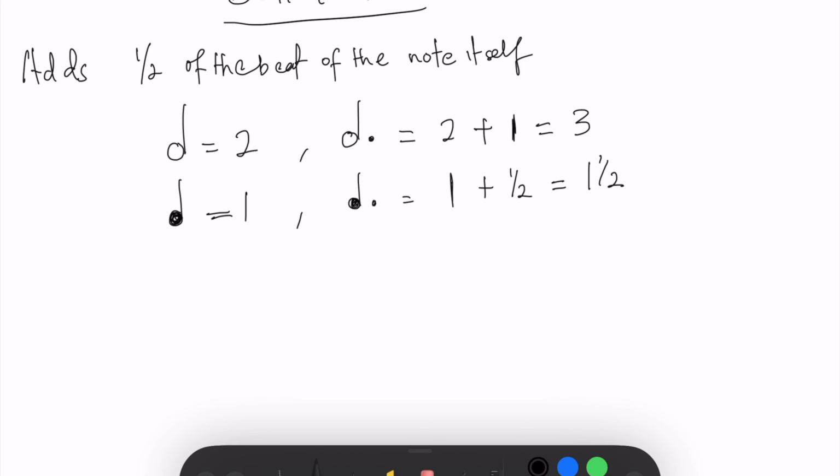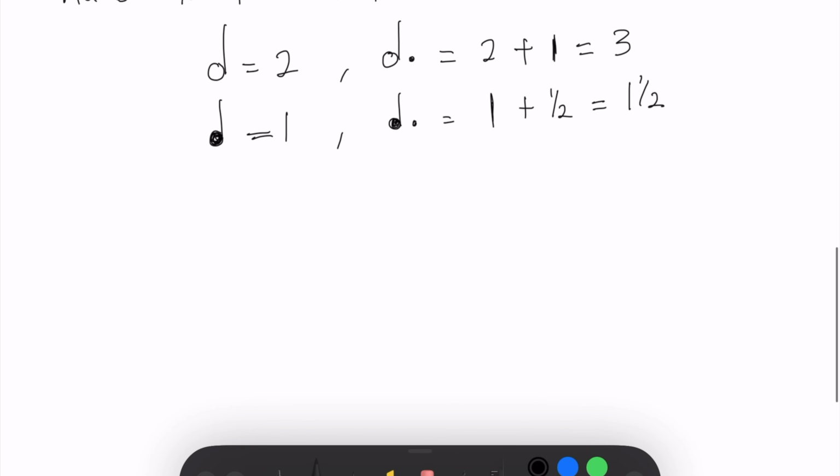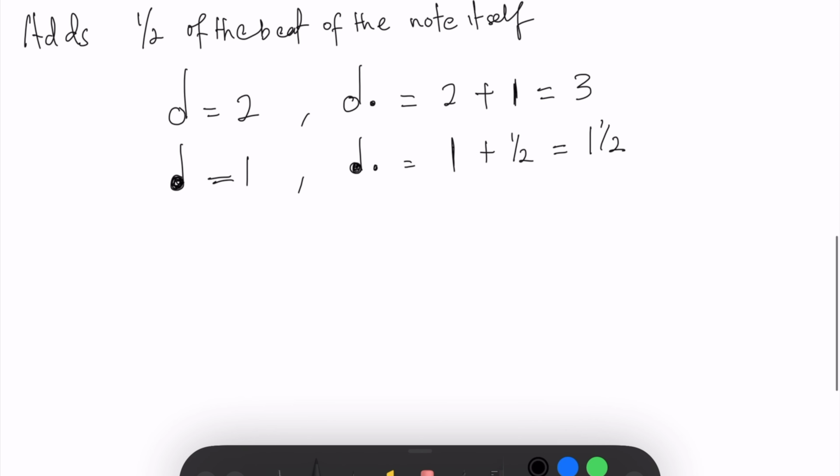The best way to explain this to you is to talk about time signature. However, time signature is not in the scope of this lesson, so we will not dive too much into time signatures right now. But let us see how these notes are placed and calculated on a stave.